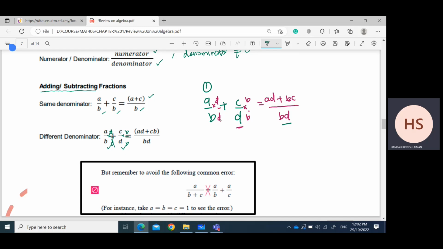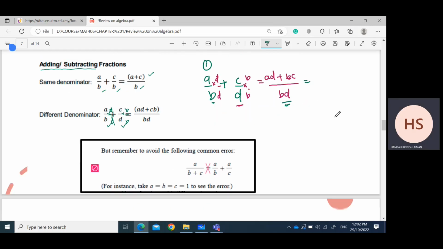Okay, so maknanya kalau you darab kat bawah ni, yang pembawah ni you darab dengan B, so yang bahagian atas ni pun you kena darabkan dengan B. Okay, so kita akan dapat AD plus BC over BD. Okay, so ini adalah cara bagaimana untuk kita dapatkan denominator yang sama. And then kita boleh selesaikan.